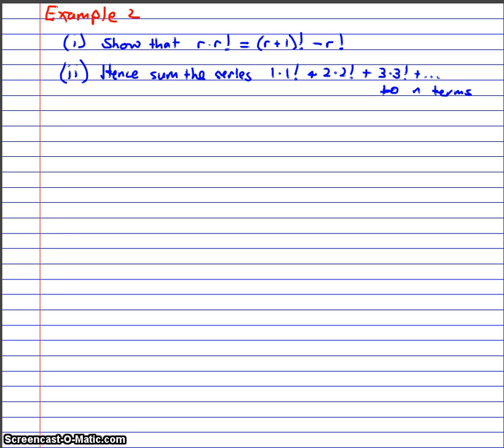Okay, so let's look at how we can show that first part. So we're going to work through that. Show that r times r factorial equals (r plus 1) factorial minus r factorial. So I'm just writing that out again.